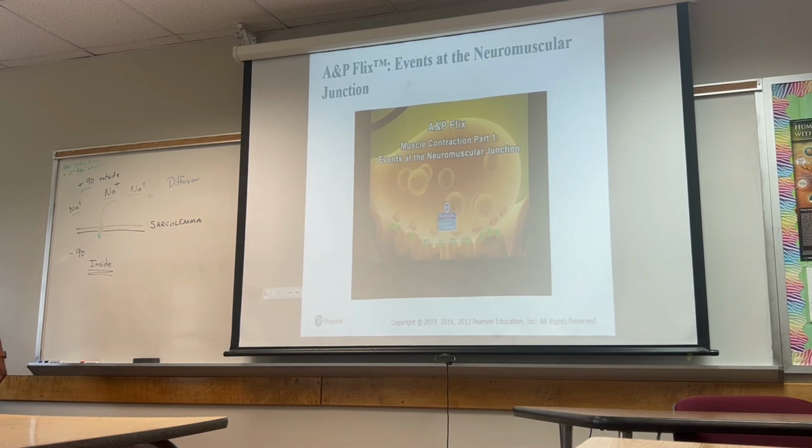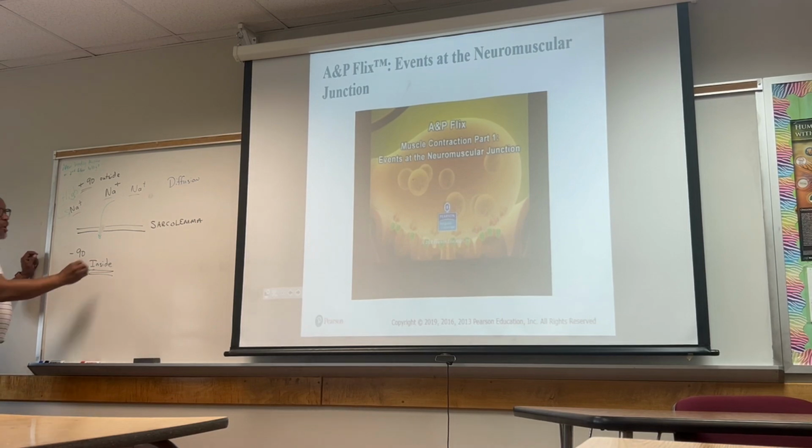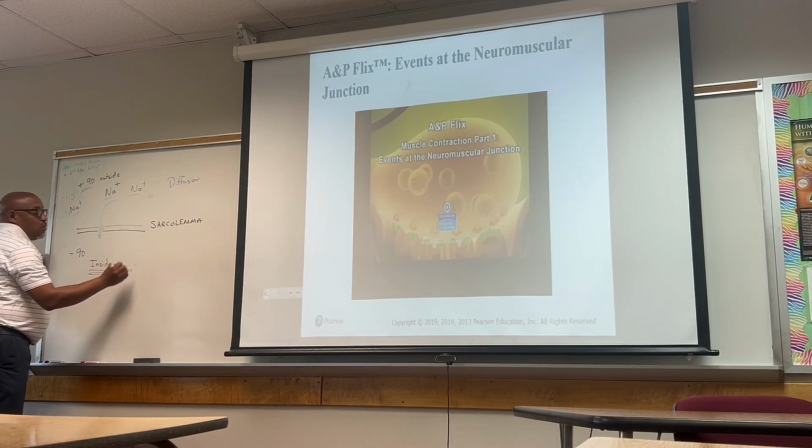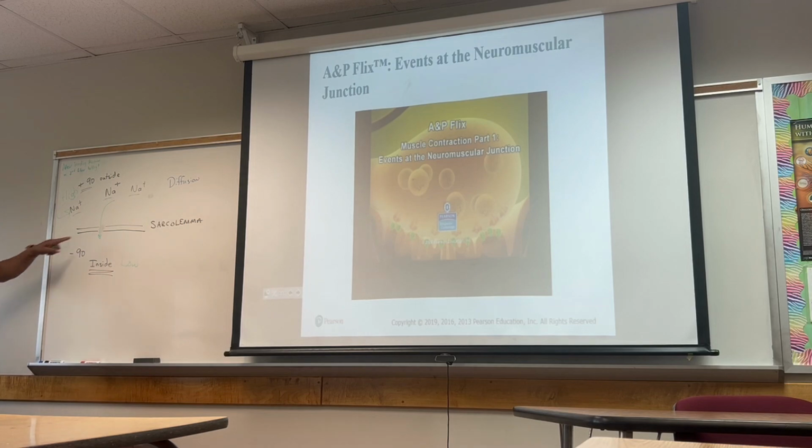Diffusion is the movement of chemicals or particles or molecules from a high concentration to a low concentration. Because this is a high concentration of sodium and this is a low concentration, whenever these little things open up because acetylcholine was released, sodium goes into the muscle cell.